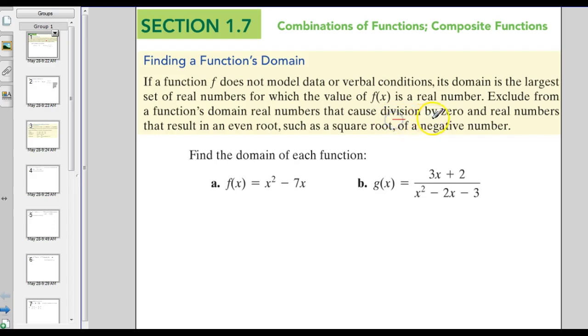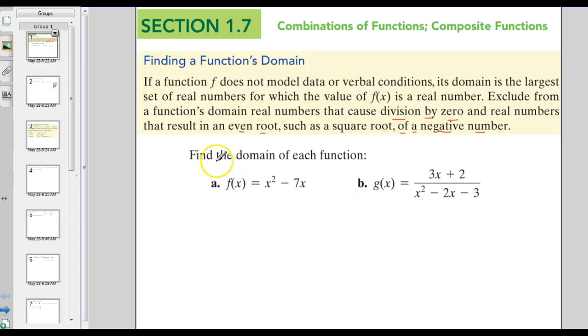Remember, you can't divide by 0. And real numbers that result in an even root, such as a square root of a negative. So you can't have an even root of a negative number. Division by 0, even roots of negative numbers, those are the things we restrict now. Later in chapter 3 we'll pick up some more, but for right now that's what we have to worry about: even roots of negatives and division by 0.